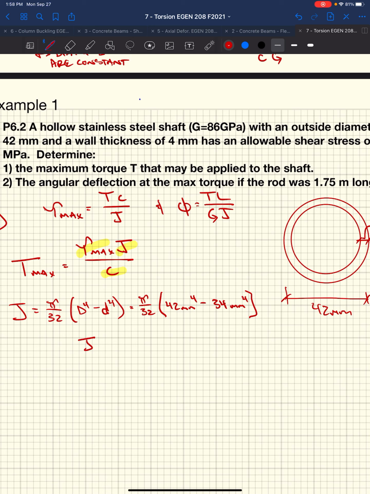We get a J equal to 174,296 millimeters to the fourth. We also need our max radius, C. That's just the big diameter over 2, so 42 millimeters divided by 2 equals 21 millimeters.